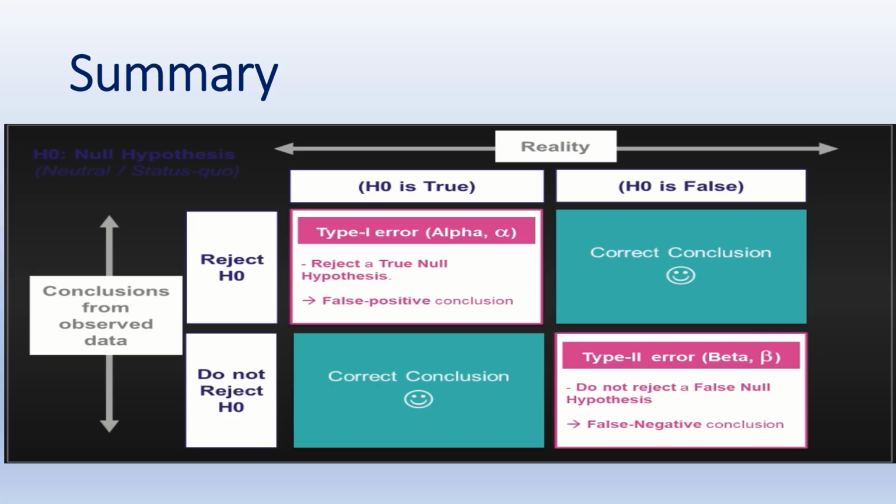Do not reject the null hypothesis if it is true, it is a correct conclusion. Do not reject H0 when H0 is false. It leads to type 2 error, which is also denoted as beta error. Here, we are not rejecting a false null hypothesis.